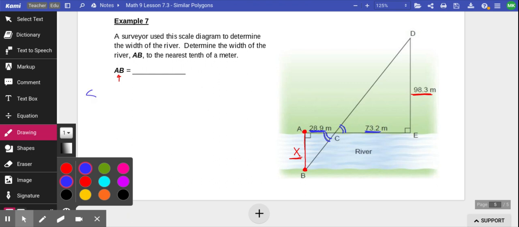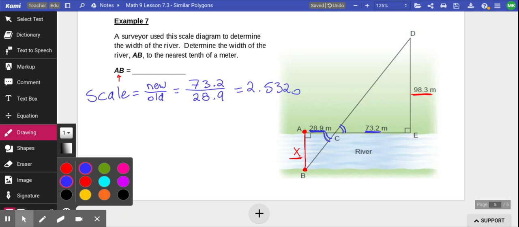If I want to calculate my scale using those two corresponding sides, I do the new side divided by the old side. My new triangle is 73.2. My old triangle is 28.9. This gives me a scale of 2.5328, so on and so forth.